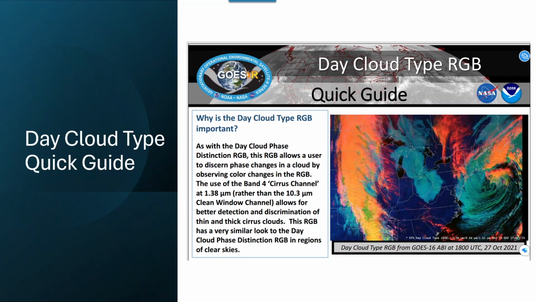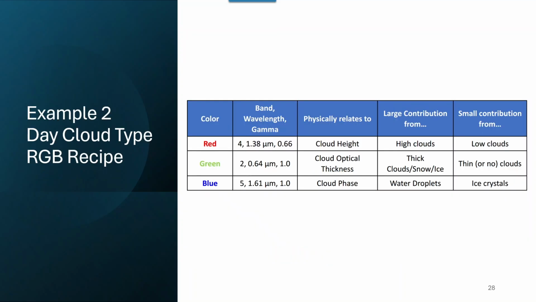And it also gives us an RGB recipe. And here it is. And I want you to notice here that we've got a new thing called gamma that we're going to need to include.